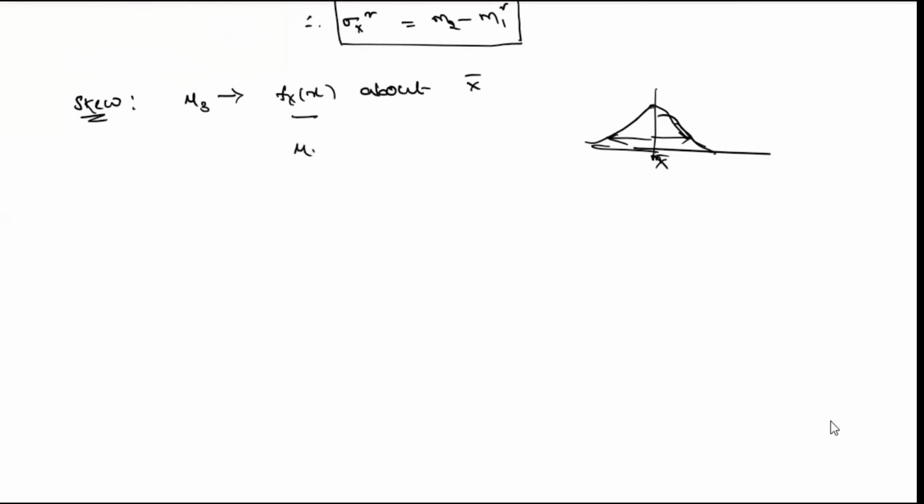That is nu3 is equal to 0. This is valid for n equal to an odd number.